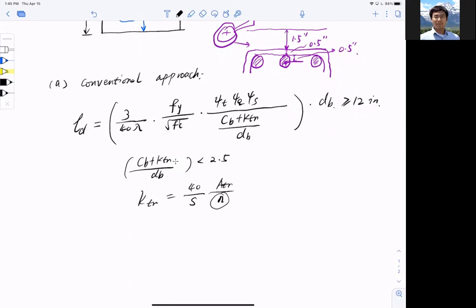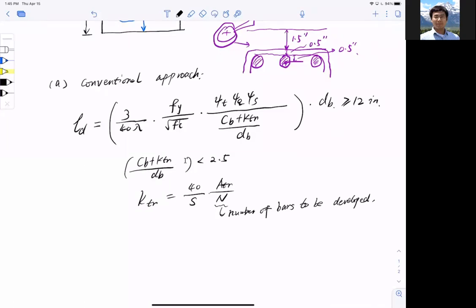You notice that to differentiate, I use a small n, but you can use the capital N as before, which is the number of bars being developed. I will label it here, to be developed. Why is that? Because I got confused by it once. I don't want you to get confused. All right, so this is it. I'm going to use this equation.